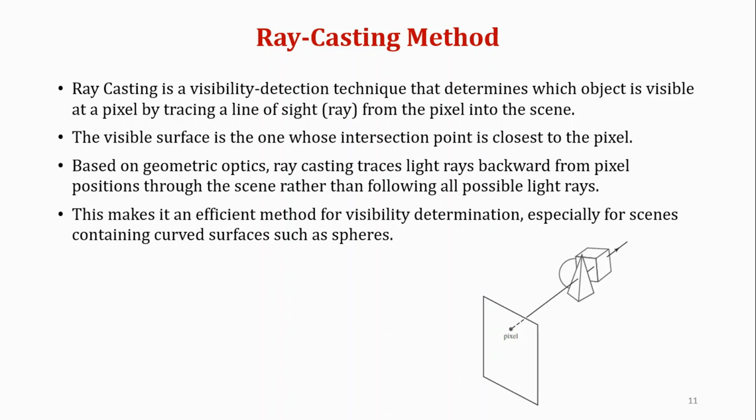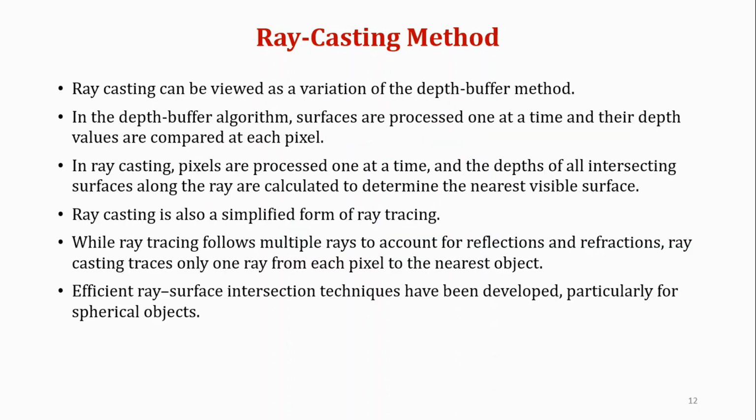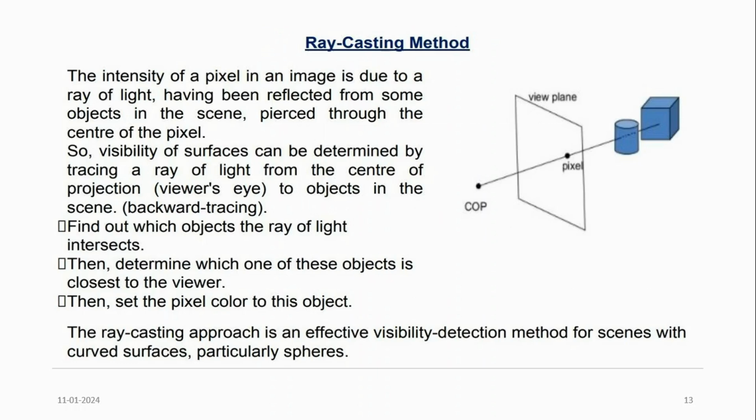Let us move on to the working of ray casting. At step number one, we have to generate a viewing ray, an imaginary line. Step number two, trace the ray into the scene. And third step, we have to calculate the intersection between the ray and the objects. As we saw in the image, we project a line onto the object.